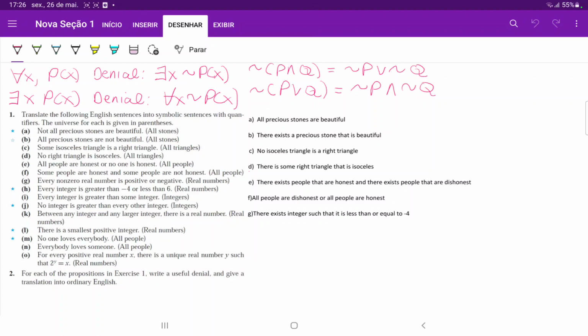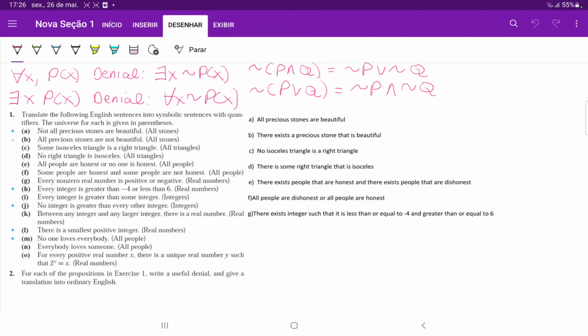And because our original had an or, our denial is going to have an and, greater than or equal to 6. So that is our G.